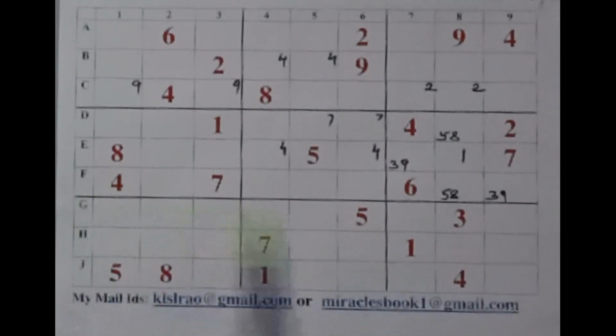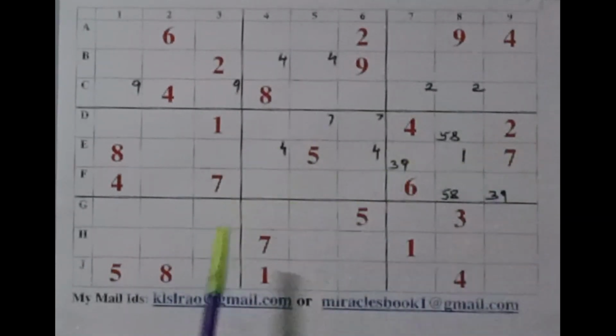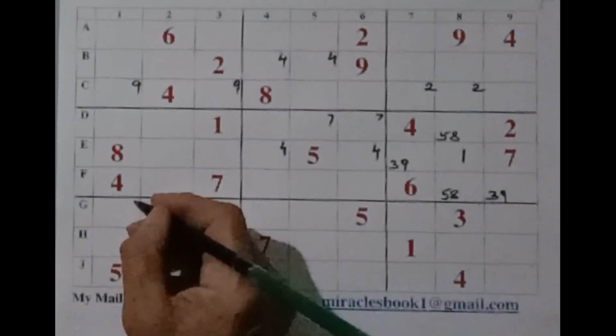Let us come here. Here, once again, number 1 appears 2 times. We have one cross check of 1 here. That means in this box, number 1 has to be here or here only. Let us mark that also.